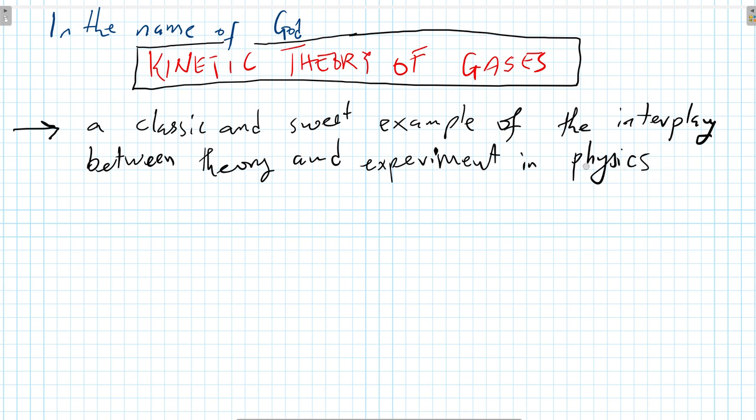physics. So what I'm trying to say is that in general in physics we deal with kind of two things, broadly speaking. One part is the theoretical aspect, and the other part is the experimental aspect. We're going to talk about this within the subject of kinetic theory of gases.